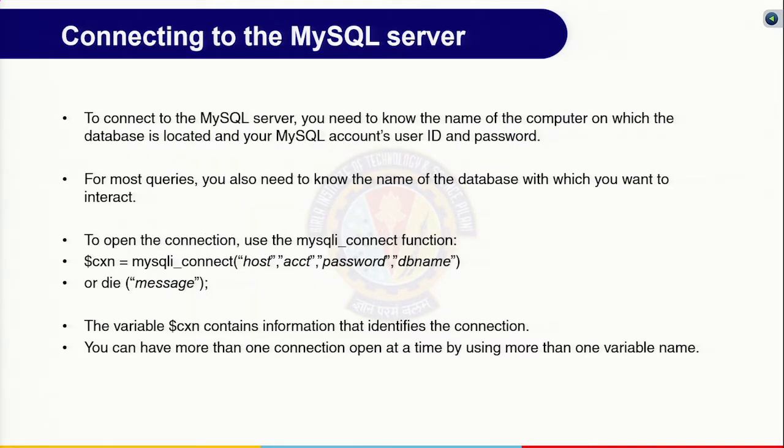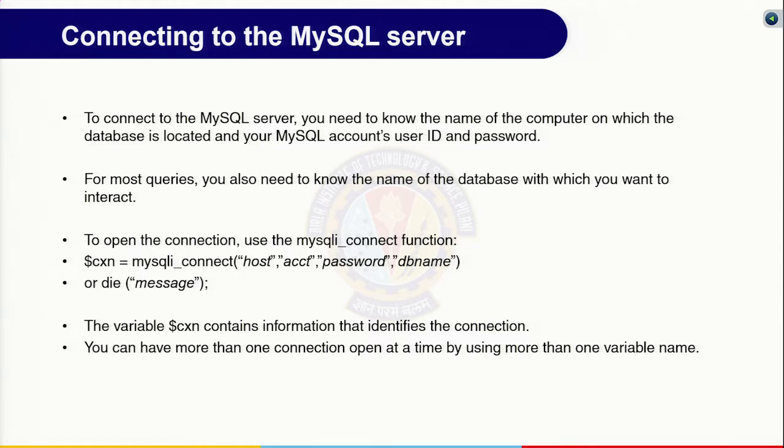To connect to a MySQL server, we need to know the name of the computer on which the database is located and a user ID and password of the MySQL account. In certain cases, it is also required to know the name of the database. If you do not know the name of the database when you are initiating the connection, you can also add it at a later point in the script.